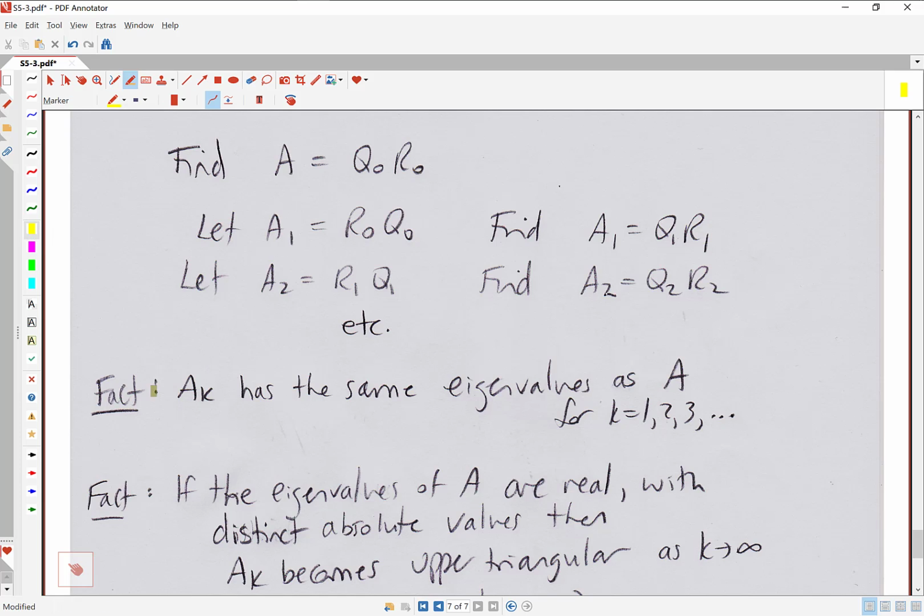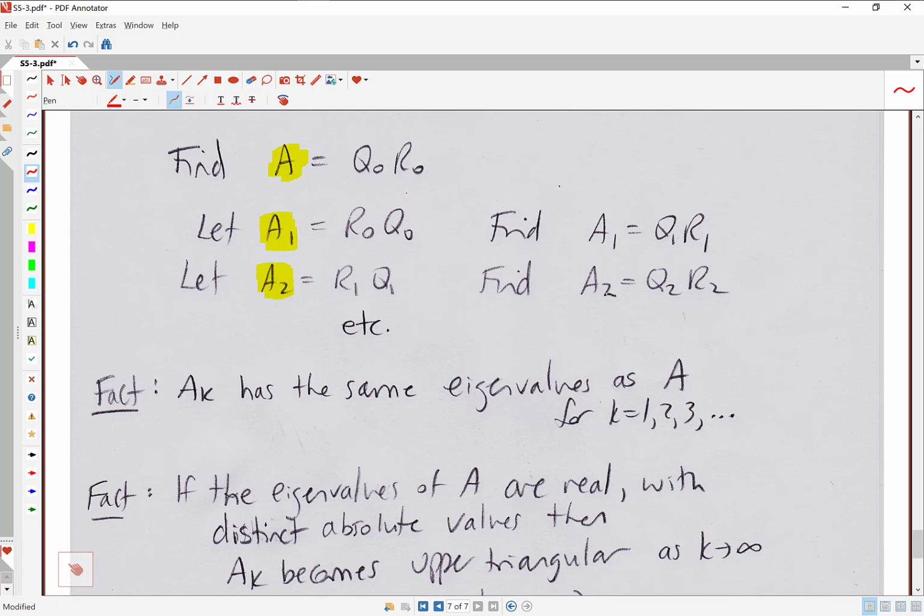Now here are the facts that are going to be really useful to us. Matrix AK has the exact same eigenvalues as your matrix A, and that's true for all the K values. So running through our list, the eigenvalues of A will be exactly the same as the eigenvalues of A1, which are exactly the same as the eigenvalues of A2, etc. If you wonder why that's true, it has to do with the fact that Q is an orthogonal matrix.